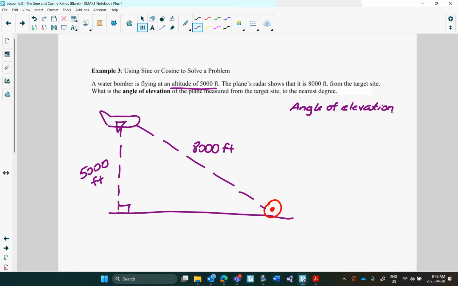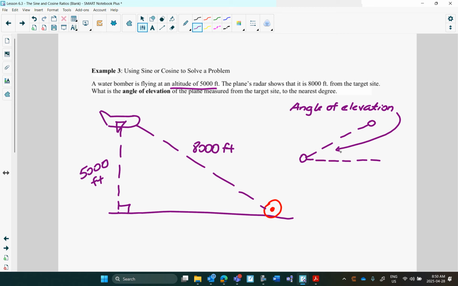The angle of elevation is always some person or some object is down here, and there's something else up here. And to find the angle of elevation from the lower object or person to the higher object or person, I draw an imaginary horizontal line. That's my starting angle, or my starting arm. And then there's another arm when I look straight up at the object or the person.